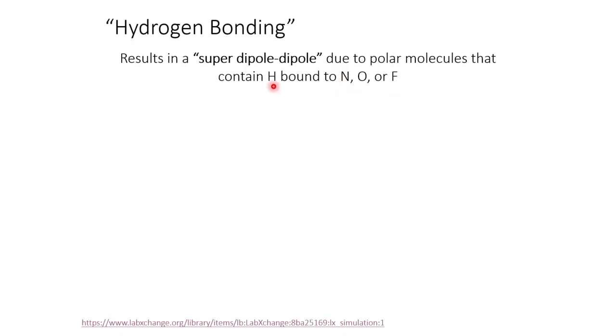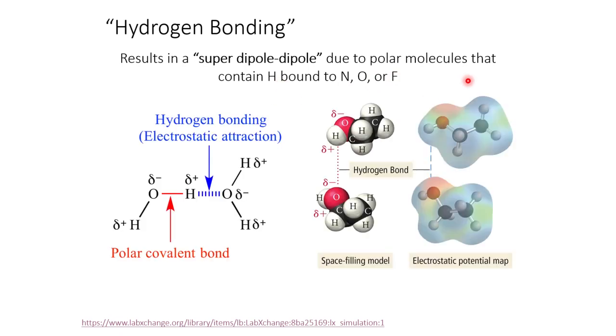A hydrogen bound to a carbon cannot participate in a hydrogen bond because the electronegativity difference between carbon and hydrogen is much too small. But the electronegativity difference between nitrogen, oxygen, fluorine, and hydrogen is much greater. So what happens is you get this polar covalent bond, just like we've talked about with water, and then you have this interaction, and this is a hydrogen bond.